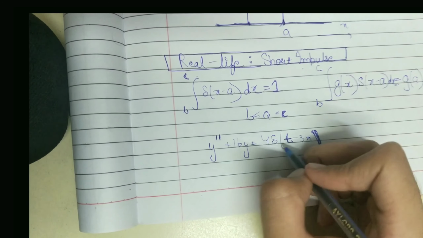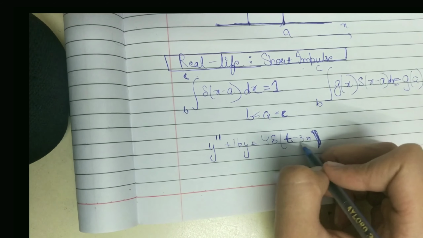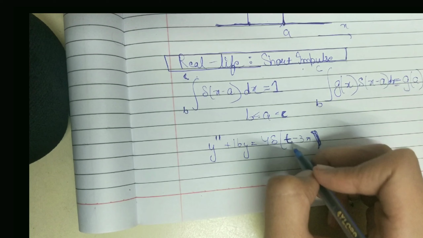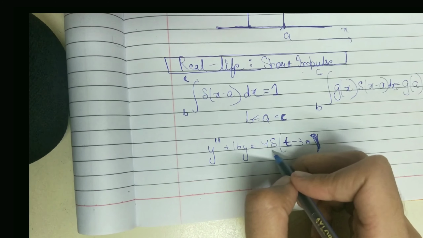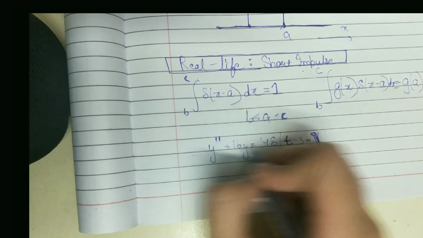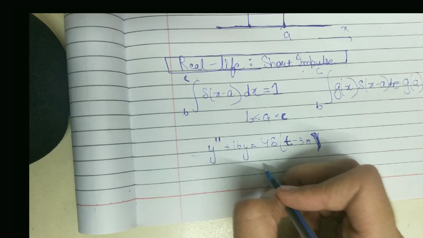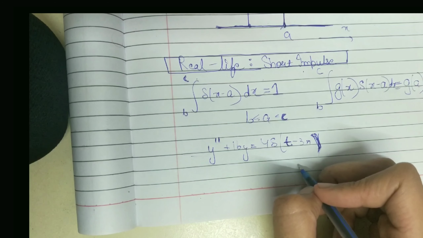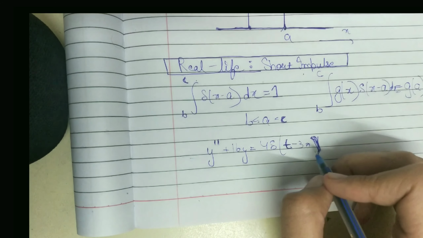Due to this external driving force being a Dirac delta function, it acts for a very short duration of time and has a very high amplitude. The real life situation that corresponds to this mass spring system is like a hammer blow, a hammer response on a mass spring system.